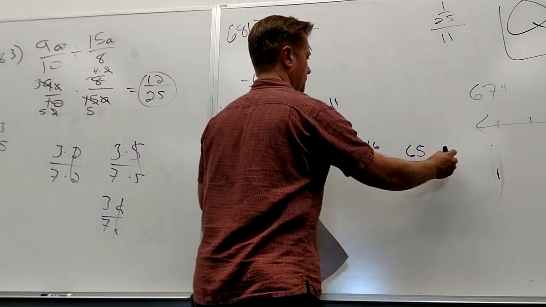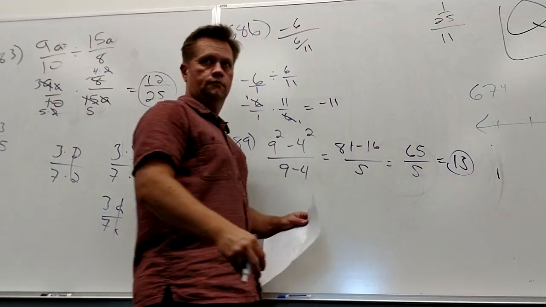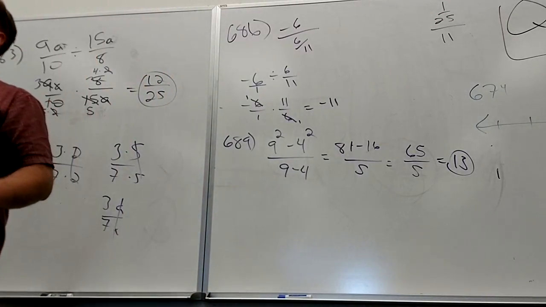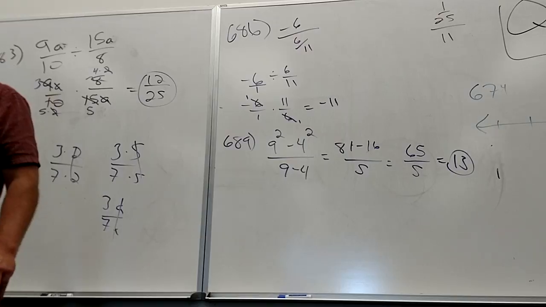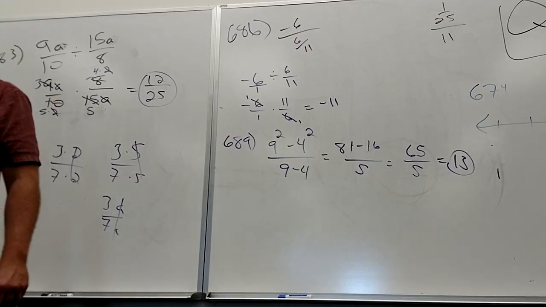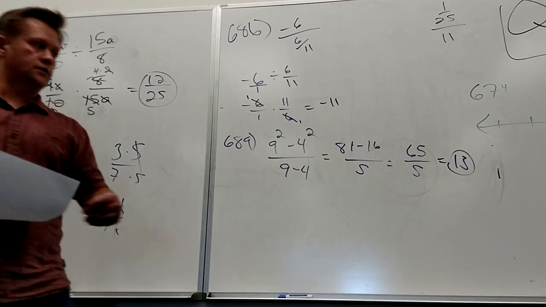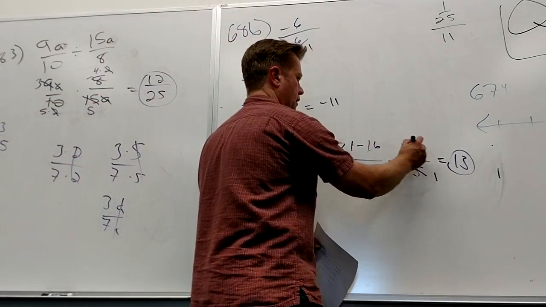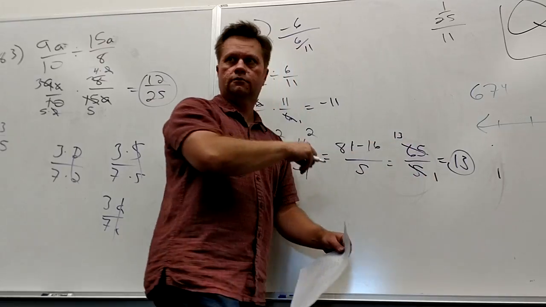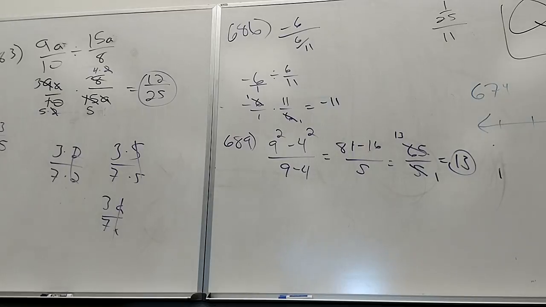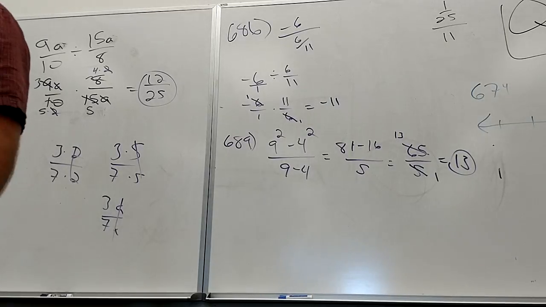Yep. Well, 5 goes into 60 12 times, so 1 more 5 would be 13 times. So would it be a fraction? Of course not, because 5 goes into 65. Divide 5, that's a 1, that's a 13. 13 over 1 is 13. The top is heavier than the bottom, and the whole bottom canceled, so it's going to be a whole number answer. Yeah.